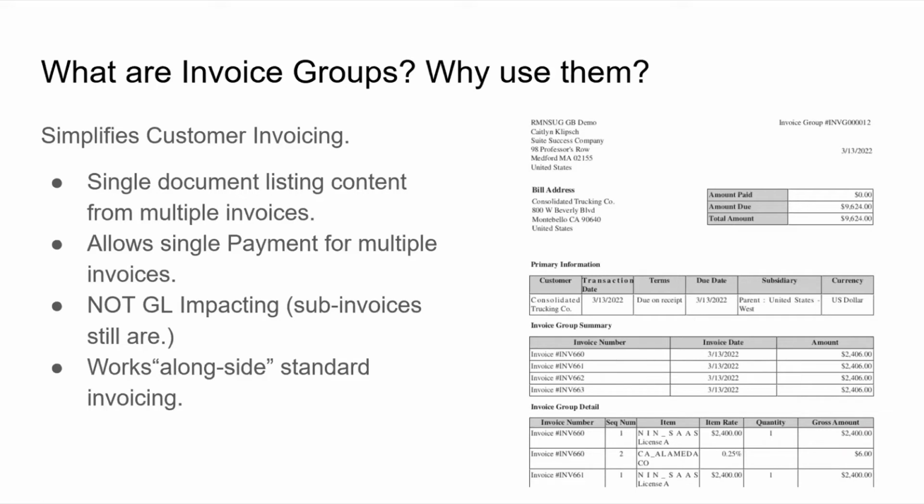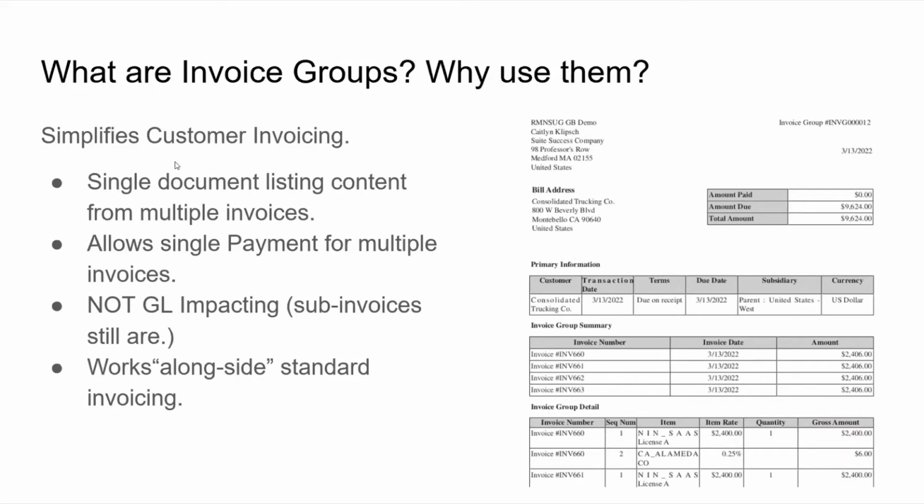That way you can send a single PDF to your customer, and this screenshot gives an example that I generated. You can have a single amount due, a single bill address, a due date and things like that, even though that amount due comes from multiple different invoices.